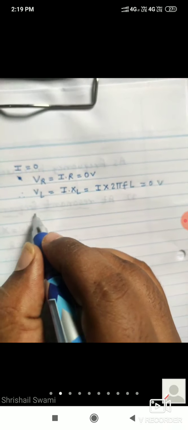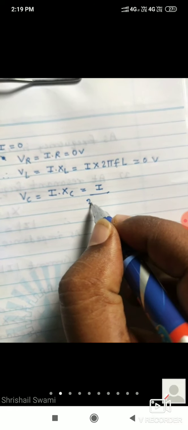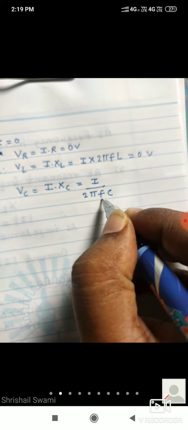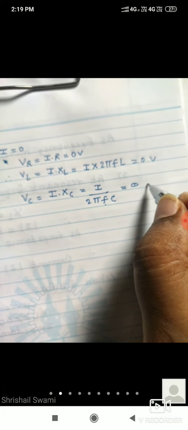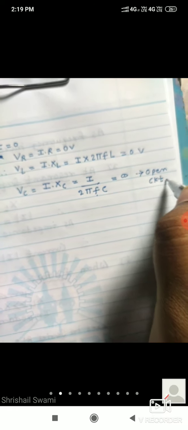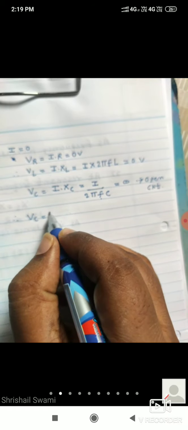Okay. So next, VC, voltage across capacitor. VC is equal to I into XC, so I divided by 2 pi FC. So if you are putting F is equal to 0, VC becomes infinite. That is open circuit. Open circuit म्हणूया. Okay, according to the theory concept. But here VC will become equal to VS, because I will show the diagram.